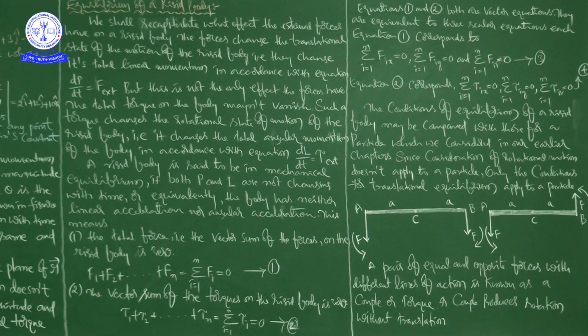So what does it mean? See here, the total force, that is, the vector sum of the forces on the rigid body, is 0. Based on this equation, if the total force on the body is 0, then the total linear momentum of the body does not change with time.